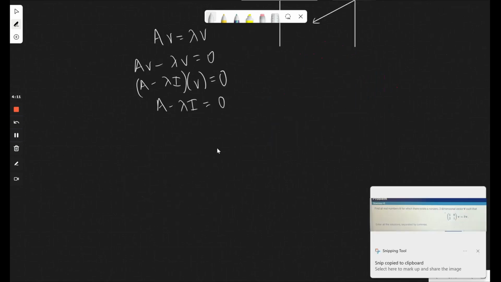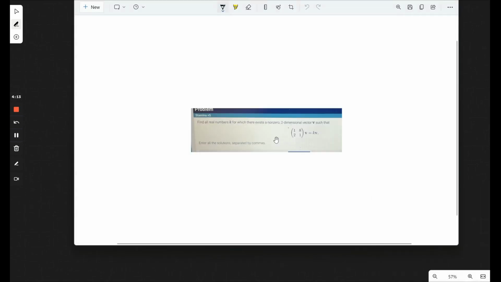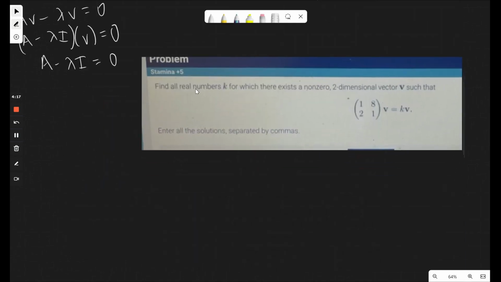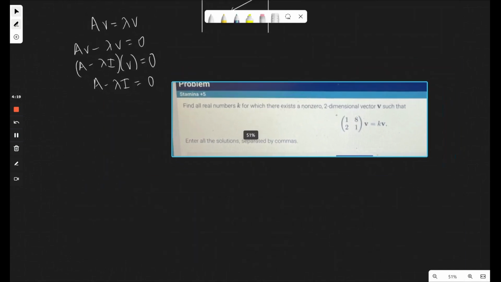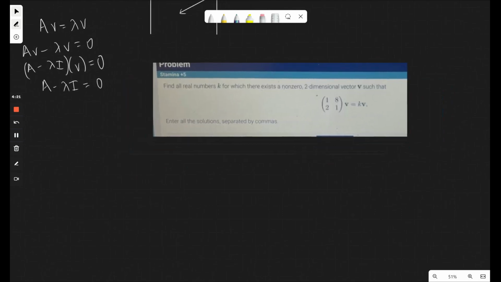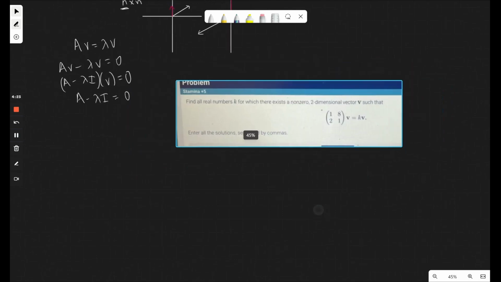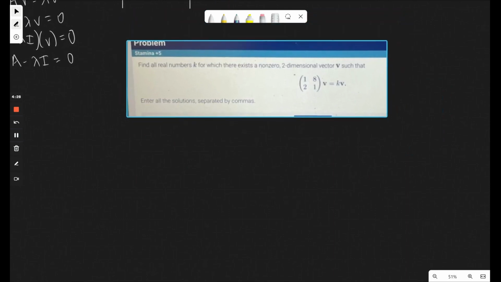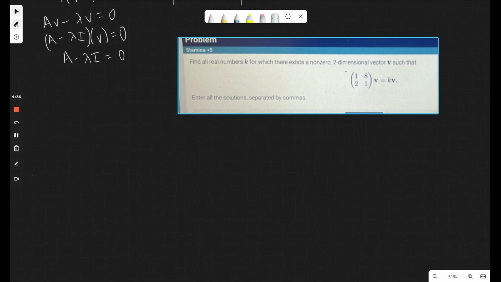And so I remember seeing this problem on Alchemist. And of course, this being AoPS Alchemist, it was like 2D matrix basics, where I don't think there's anything basic about eigenvalues. But here's a problem. Find all real numbers k for which there exists a non-zero two-dimensional vector v such that that matrix, which is A, times v equals kv.